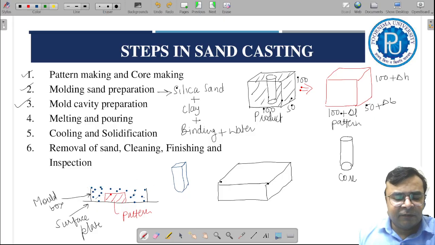After ramming, you invert this system by 180 degrees.